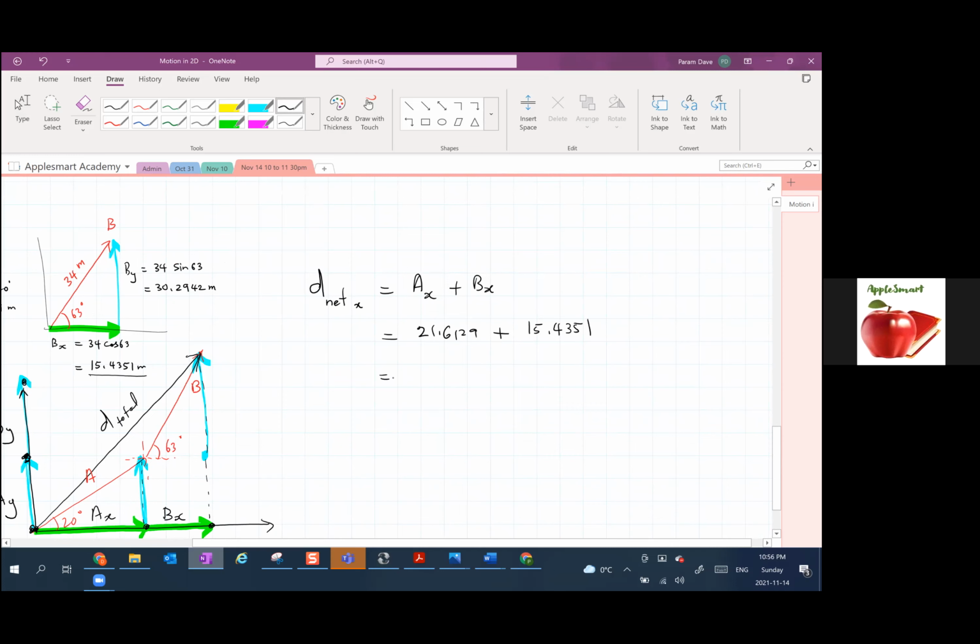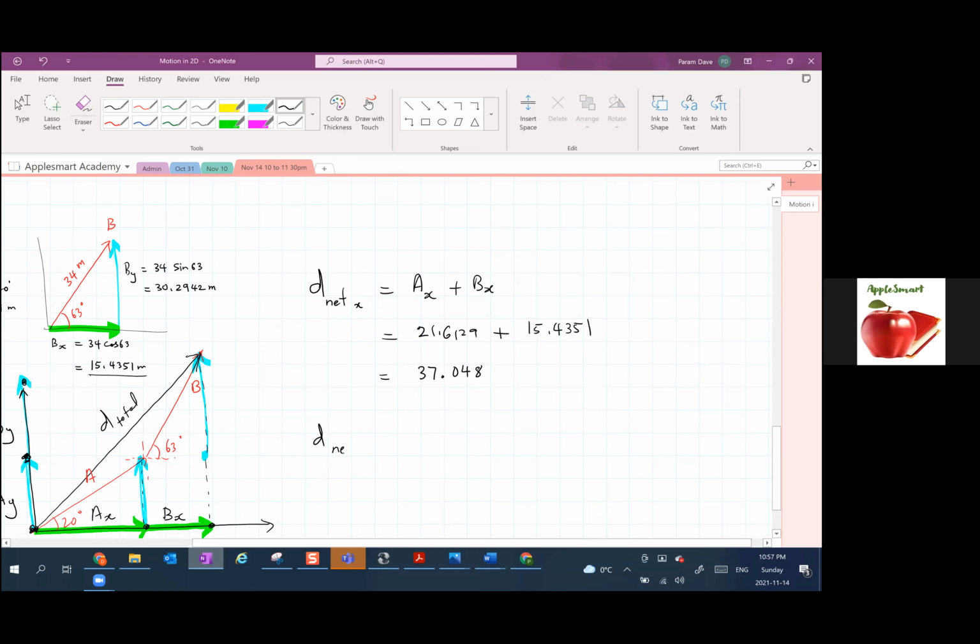Can somebody add those two and tell me how much that is? 37.048. Say that again. 048. Like that? You can correct me if that's not what it is.